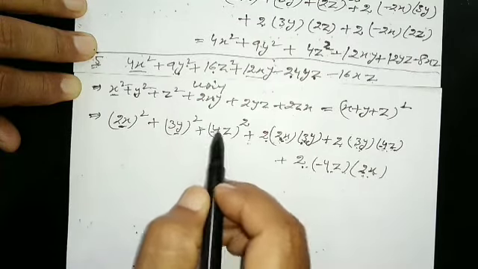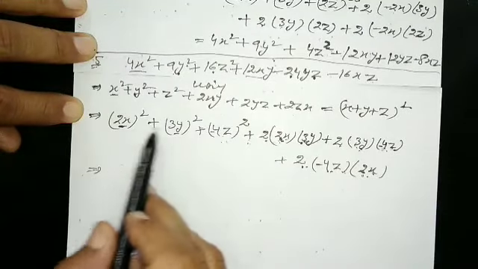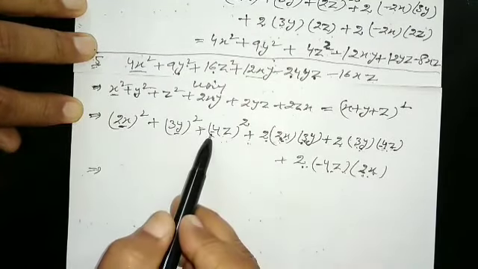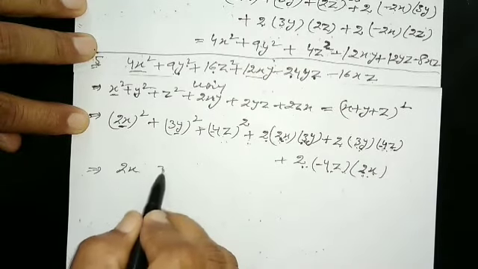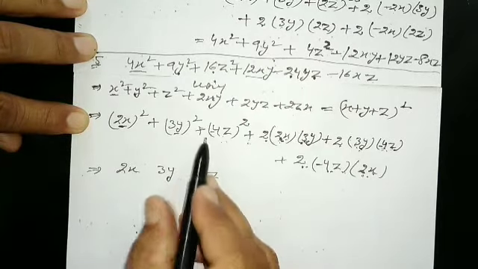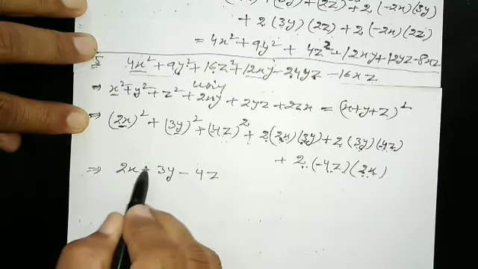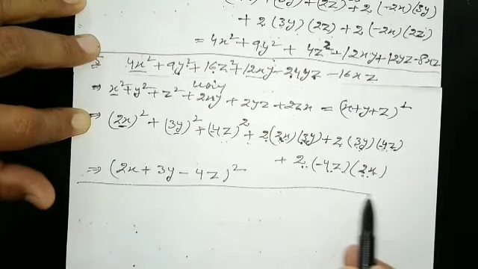Here the negative sign does not have any meaning, right? But when you close this identity, you will use this sign, right? So 2x is positive, 3y is positive, 4z is negative. So this is negative, this is positive, and this is the whole square, right?